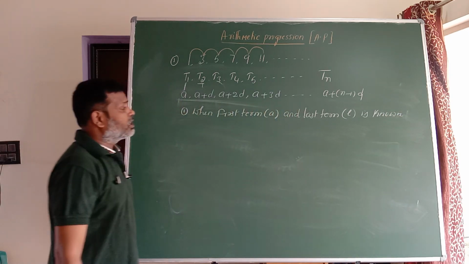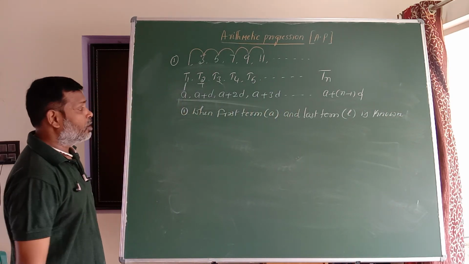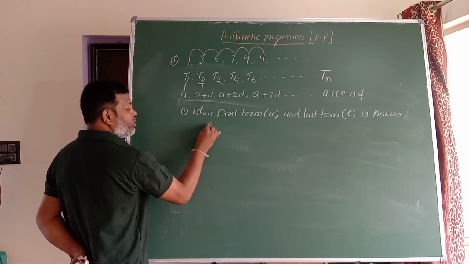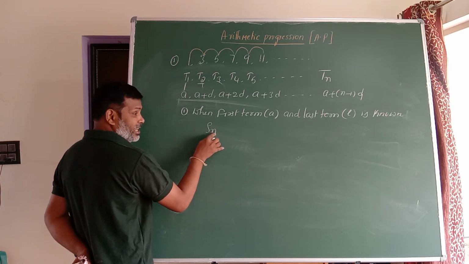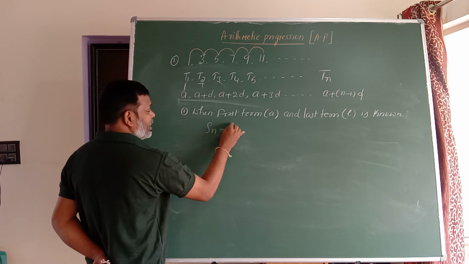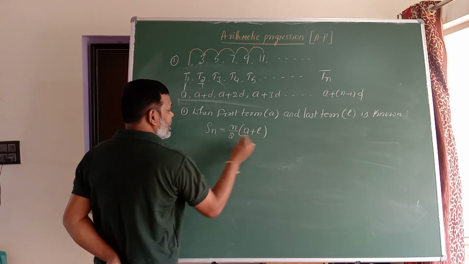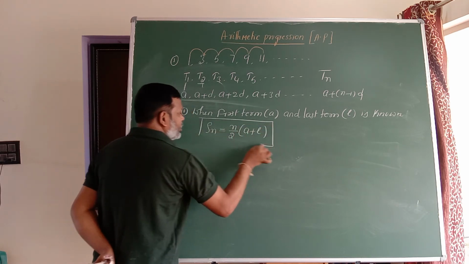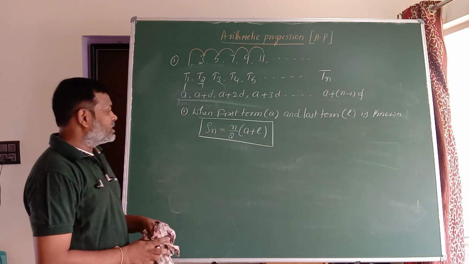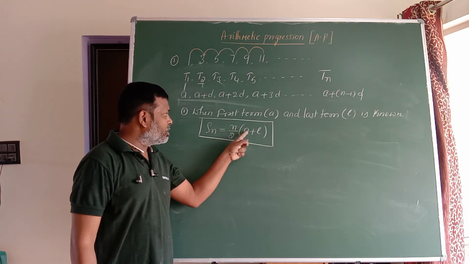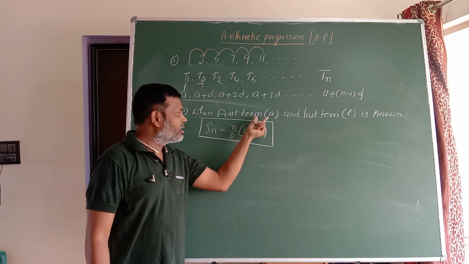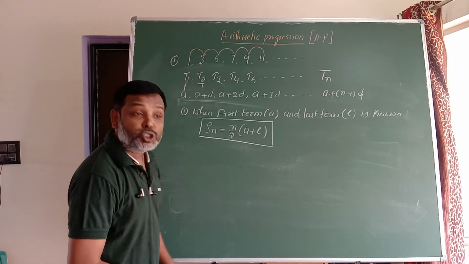When the first term and the last term L are known, the sum to n terms, Sn, is given by n by 2 times A plus L. Keep in mind, A plus L.